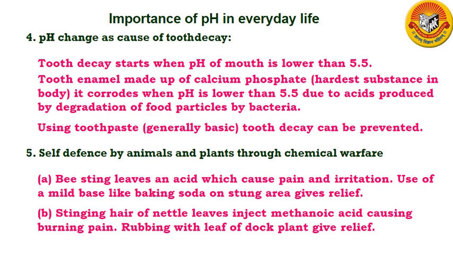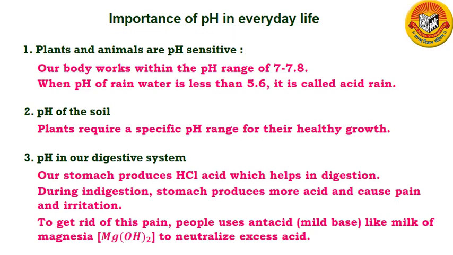Let us just revise what different areas we have touched in our everyday life. First we have seen about plants and animals. We have seen that our body, like animals, has a different pH range, like our body works in the pH range of 7 to 7.8. If the pH lowers, then we get different ailments, different diseases.